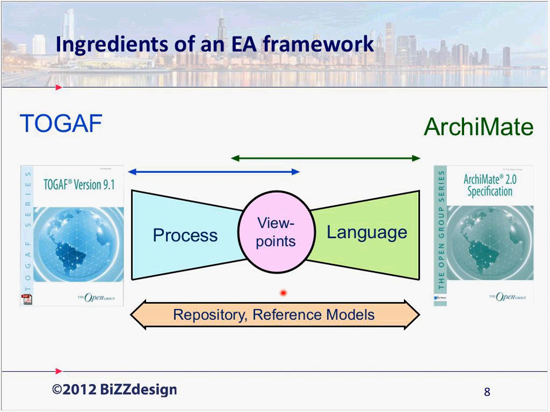So this is where the two standards meet each other and they can be combined really well. Or in a central repository where you can also use reference models, for example, the reference models that are already present in TOGAF, to build the complete EA framework.